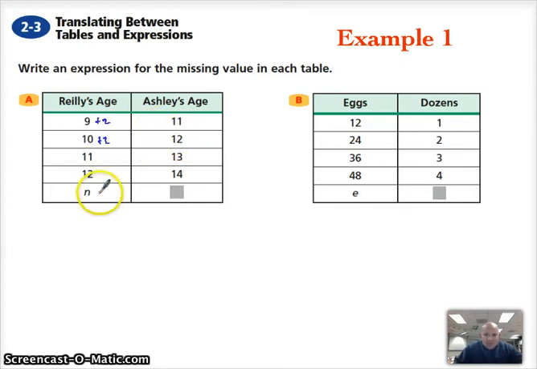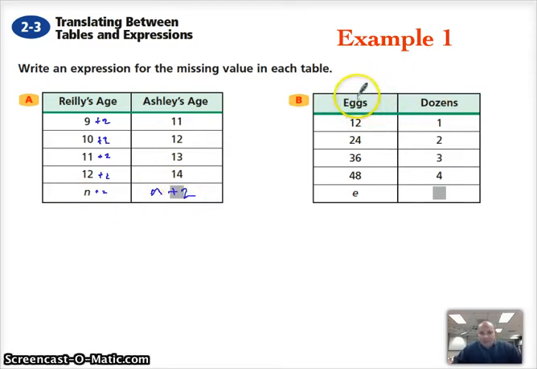So if Riley's age is the variable n, how old is Ashley? Well, if this goes for each one of her ages, 11 plus 2, 13, 12 plus 2 is 14, then it makes sense that that would be the rule and the expression. So the expression would be written n plus 2. Ashley's age is Riley's age plus 2 is what that means.